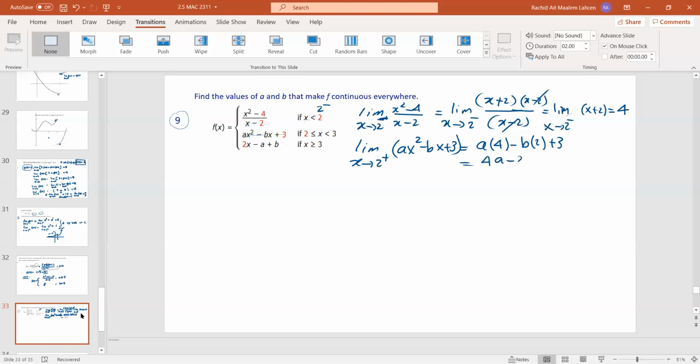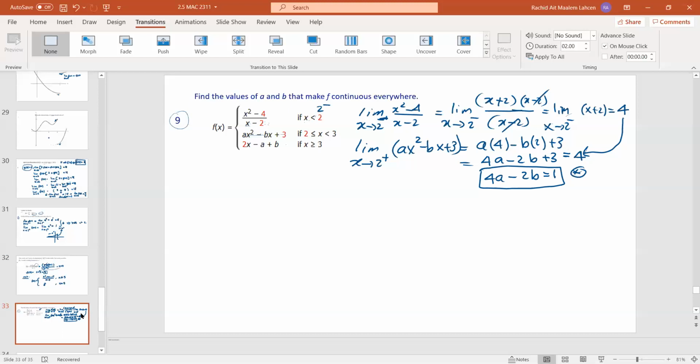So for 4a minus 2b plus 3, we want this to be 4. If this is 4, that means 4a minus 2b equals 4 minus 3, which is 1. So that's one equation. Let's call it star.